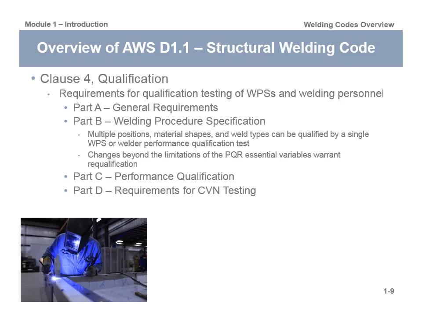Clause 4, qualification. So Clause 4 is broken down into 4 sub-clauses. So you've got general, which is Part A. Part B is welding procedure specifications. Part C is performance qualification, and Part D is requirements for CVN testing.